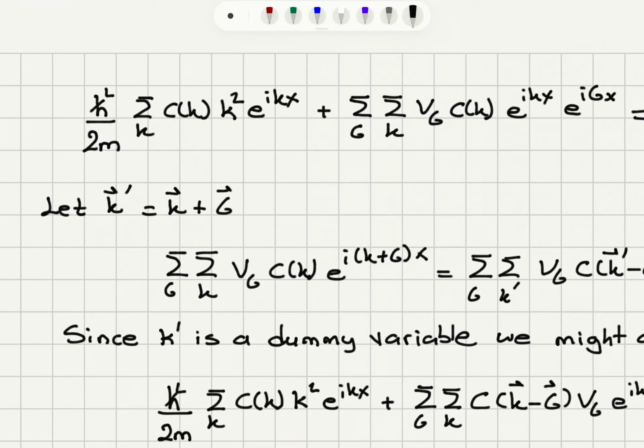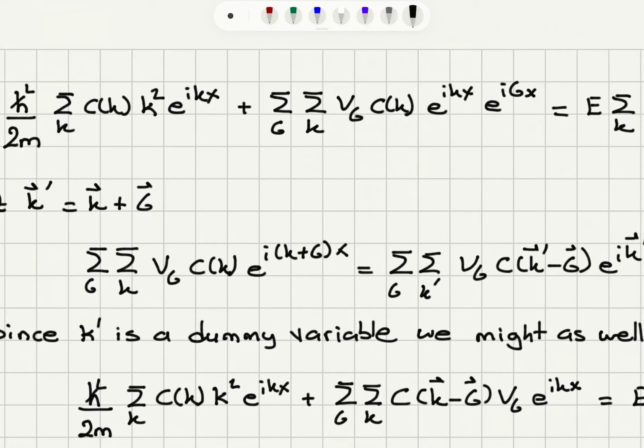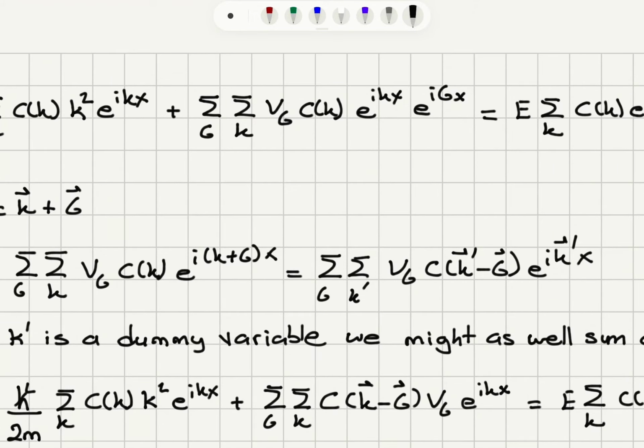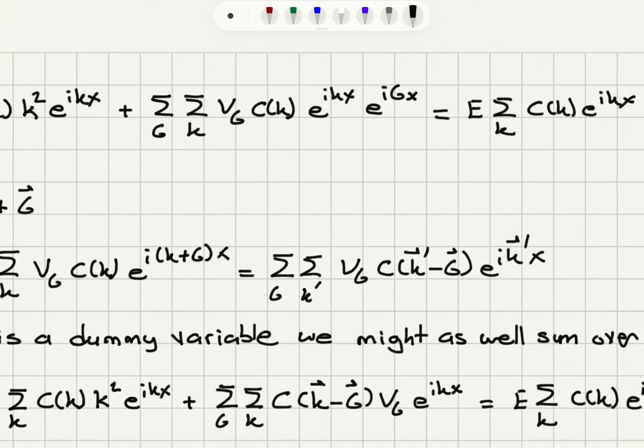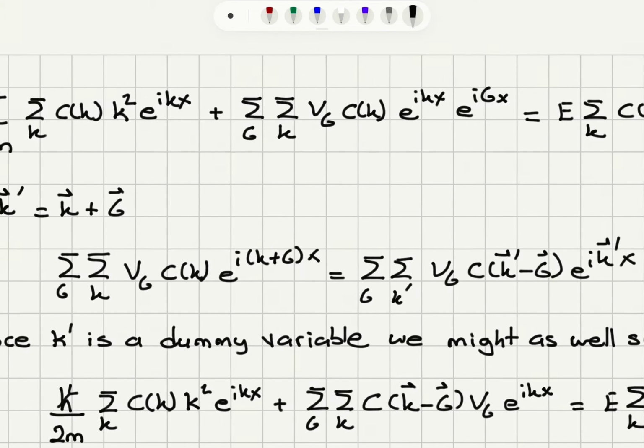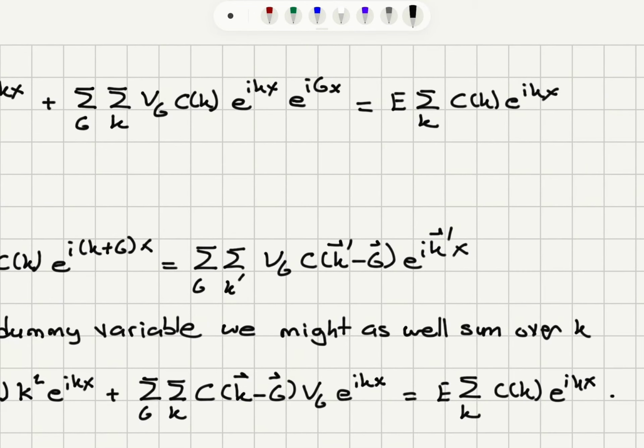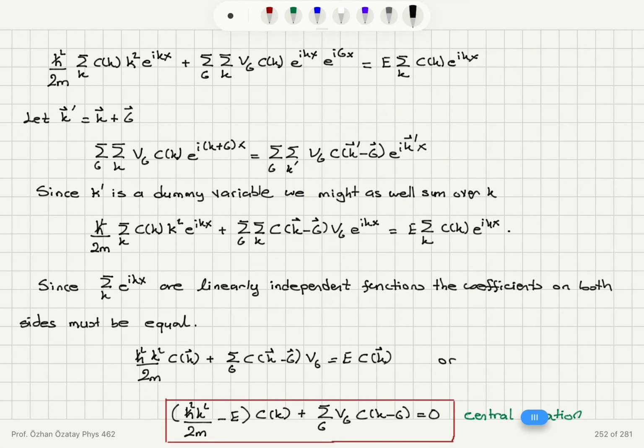So if we transform this from k to k prime, where we define k prime as k plus a reciprocal lattice vector g, then for the second term, sum over k, g of V_g c_k e to the i(k plus g)x will become a sum over k prime. For k, we are substituting k prime minus g, and for k plus g, we are substituting k prime. So k prime is a dummy variable, so we might as well sum over k, it doesn't matter.